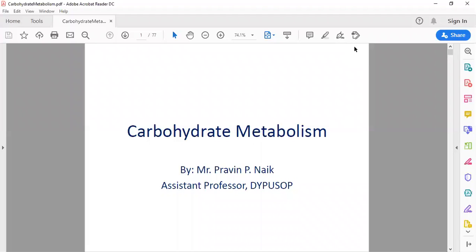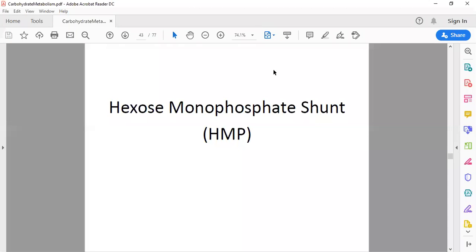Now today we are going to discuss hexose monophosphate shunt. So what is hexose monophosphate shunt? The hexose monophosphate pathway, or HMP shunt, is also called the pentose phosphate pathway or phosphogluconate pathway.